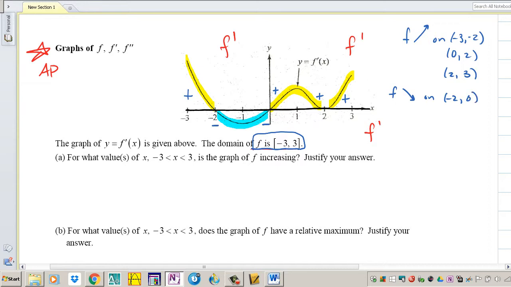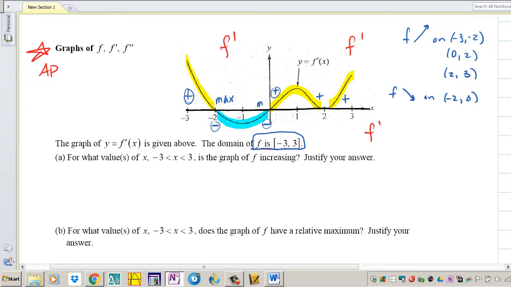Now, what else can we deduce from this graph? Look at this. The derivative goes from positive to negative, and then from negative to positive. What does it mean for a derivative to go from positive to negative? That means that you have a maximum. So this is a max.